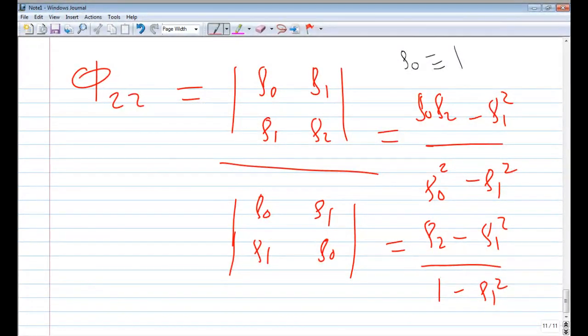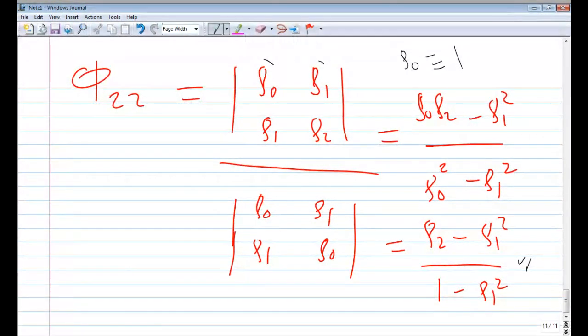Or if you just want to work on the determinant, you can substitute the value of row 0 in the matrices. But anyway, this is the formula at the end of the day that can assist you to calculate the partial autocorrelation function at lag 2.